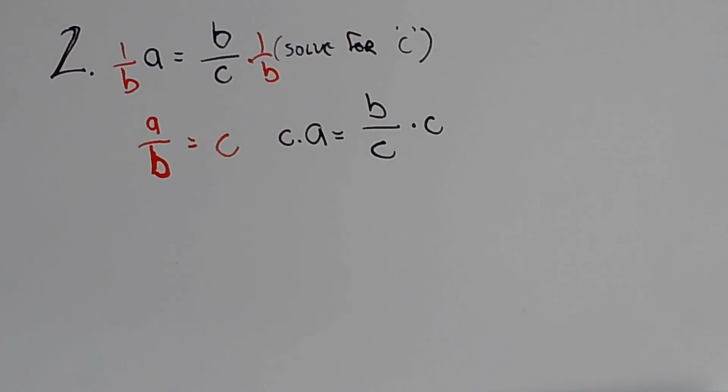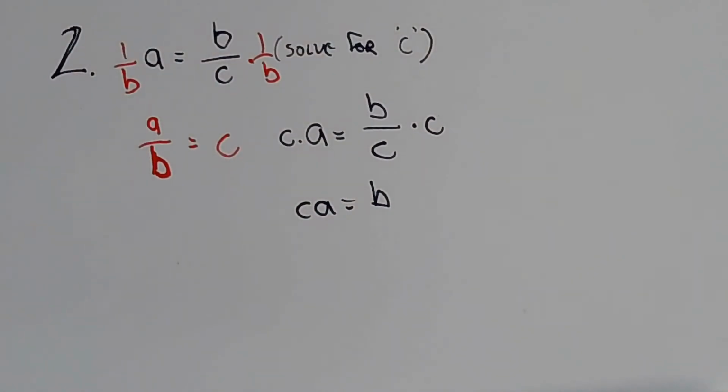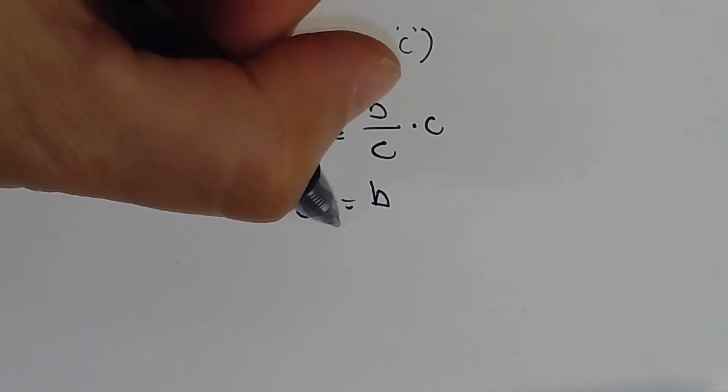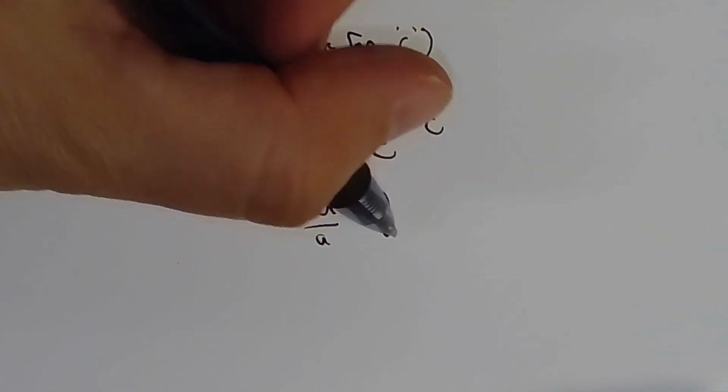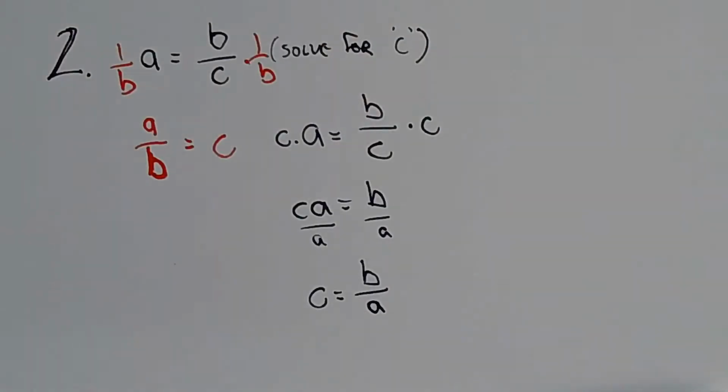Let's multiply both sides by C. So we have C times A equals B. And that's a pretty straightforward approach, right? We want to get C by itself, so we divide both sides by A. So C equals B divided by A.